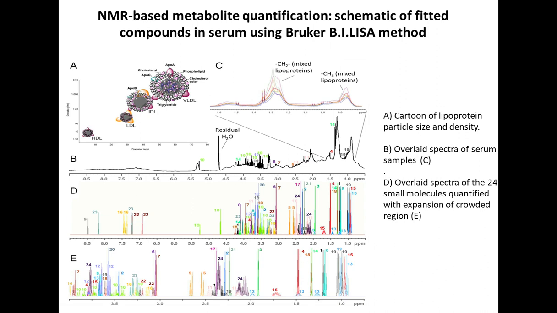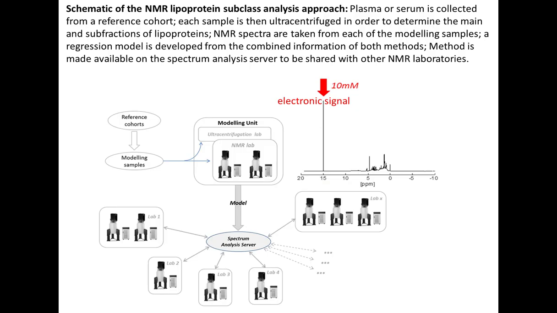At the same time, we measured the 24 small molecules, and you can see from the bottom 2 spectra below, these are the standards, that these molecules overlap, they're complex, and yet we've shown that by using the method Bruker have developed, we can get good reproducible information.